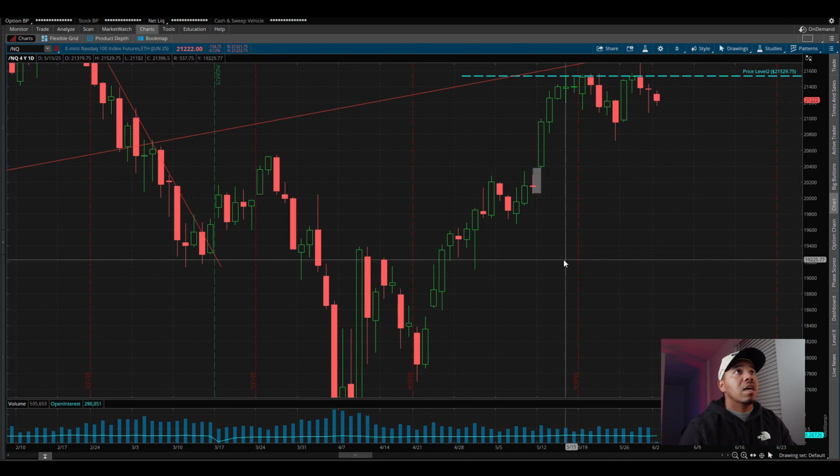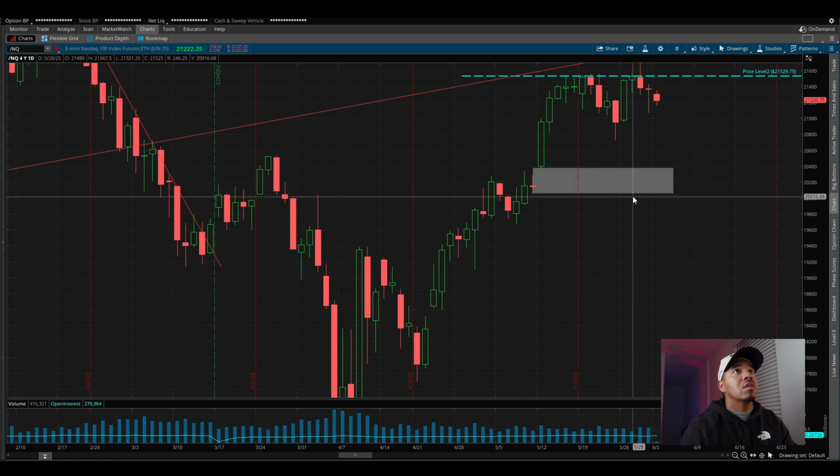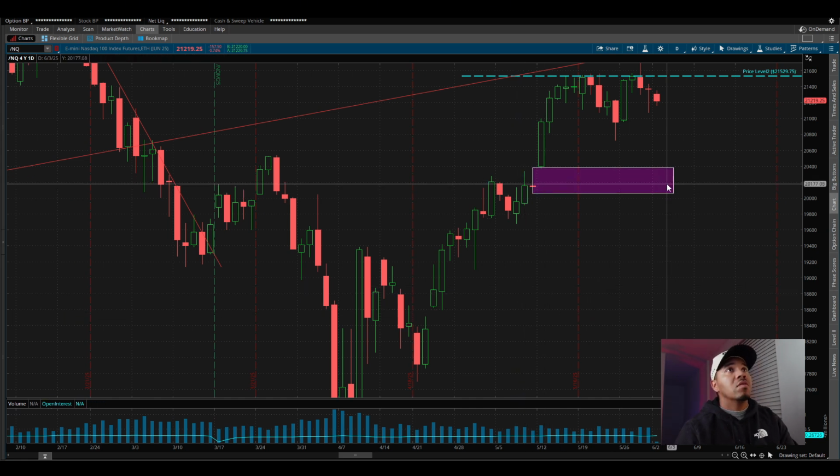So that is a gap area. We're going to extend this bottom right, take this up to the 4th. I like to do my gaps in purple. Like I said, all this is just preference. You can put whatever color you want. There we go. So that's a gap area.